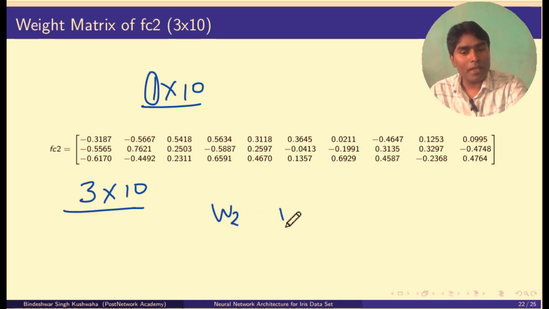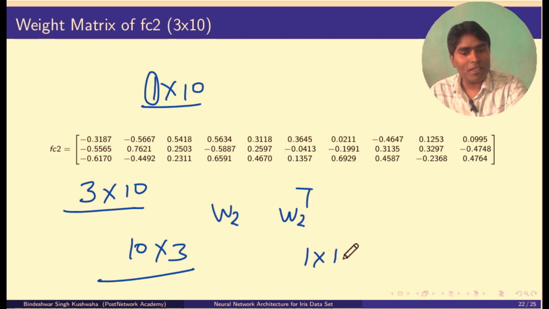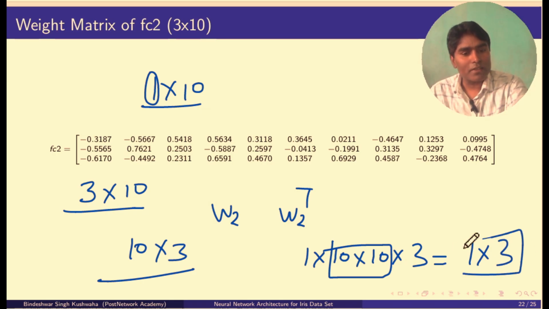So we will take W2 transpose, which becomes 10 cross 3. So we will have 1 cross 10 into 10 cross 3, and after that we will have a 1 cross 3 matrix. That is the output. You can see that this is the game of matrices.